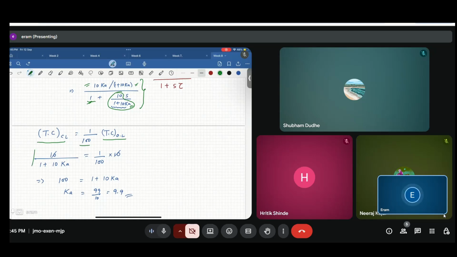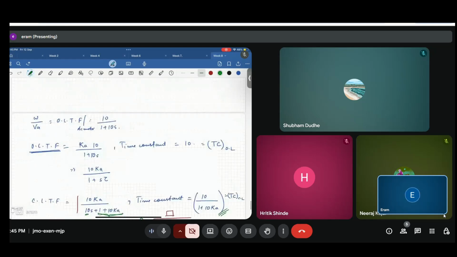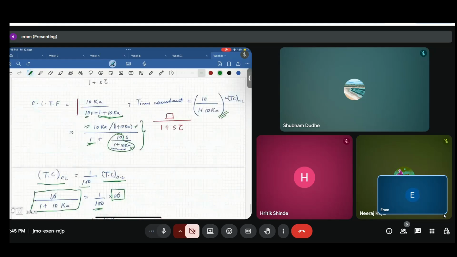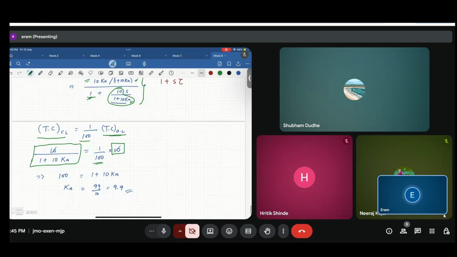So this was the time constant for closed loop. I just put that value, and then 1 by 100 times the time constant of open loop, which we have already calculated as 10 from here, and then you just have to solve. So these 10 will cancel out, and this is just algebra.